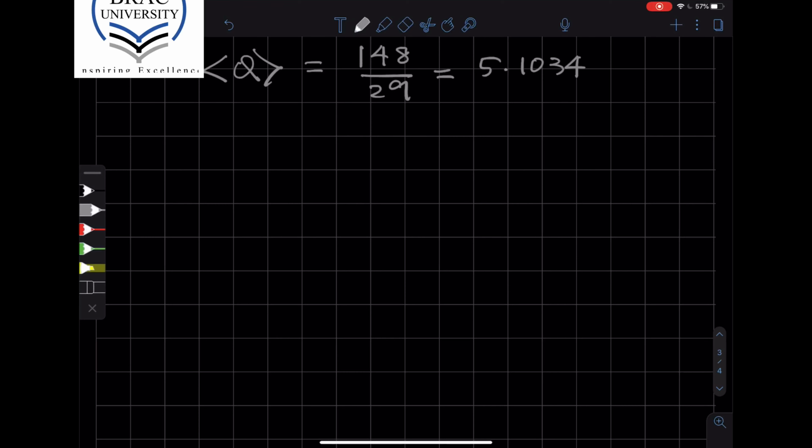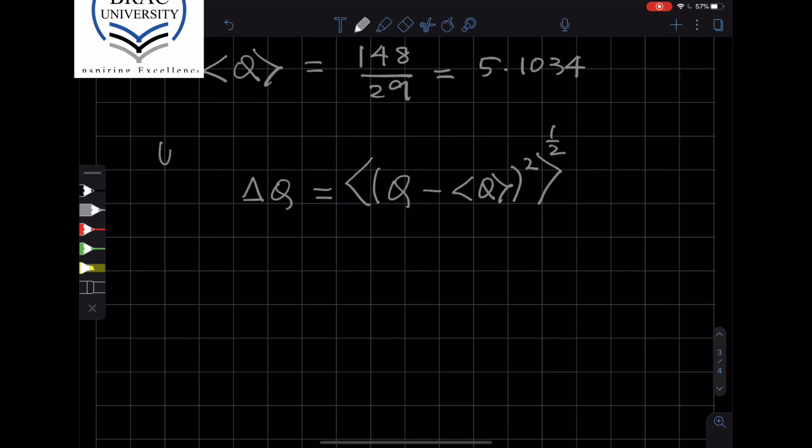So we know that the standard deviation is defined to be delta Q, and that is the deviation of the experimental value from its average. We take its square, then take the average of the square, and then we take the square root of the average. So this is the definition of the standard deviation, or as we shall say, the uncertainty.